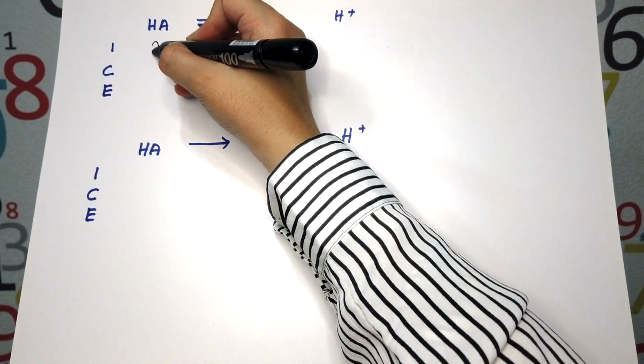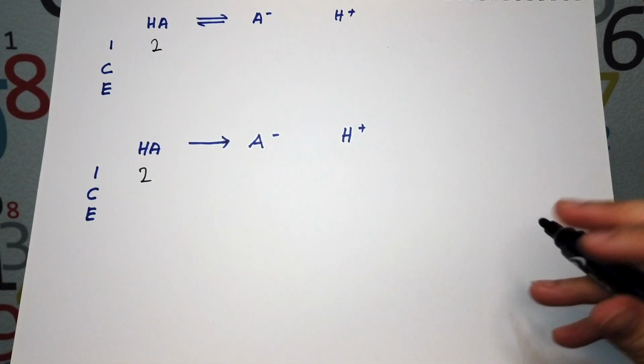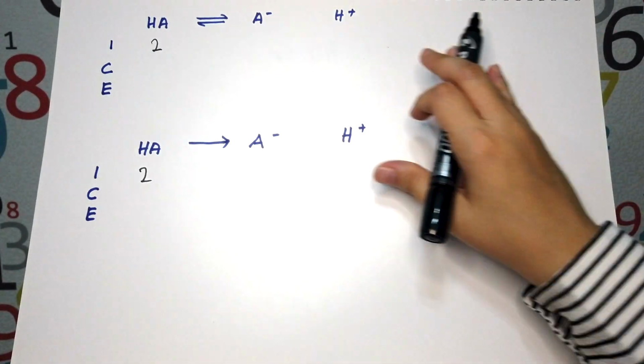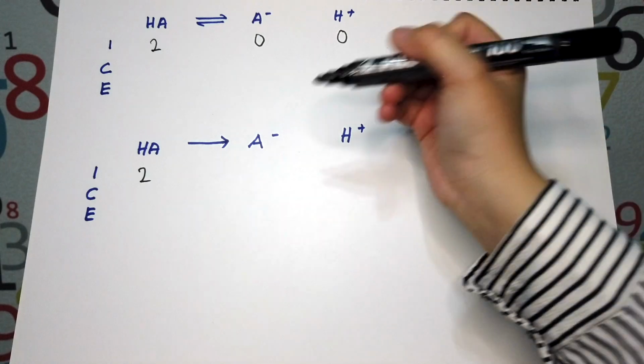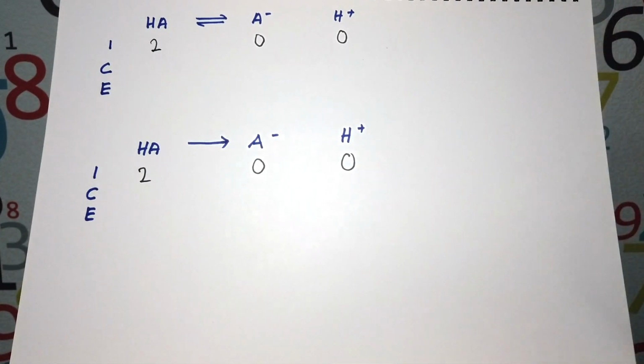So initially the concentration is 2. For a strong acid, initially there will be no dissociation, so you have 0 and 0. Same for the weak acid, there's no dissociation initially. You only have that particular acid.